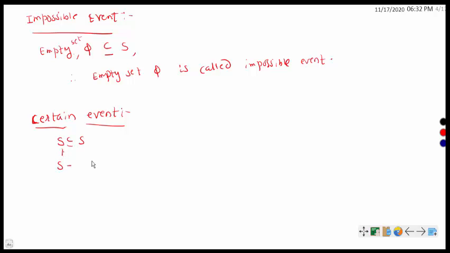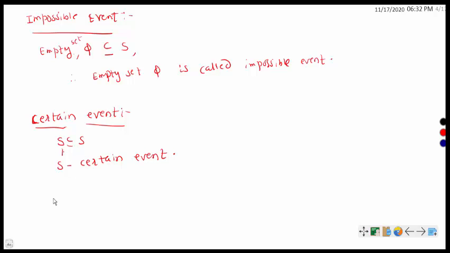This S is called a certain event. Out of these n outcomes, one outcome always happens, so this is called a certain event.